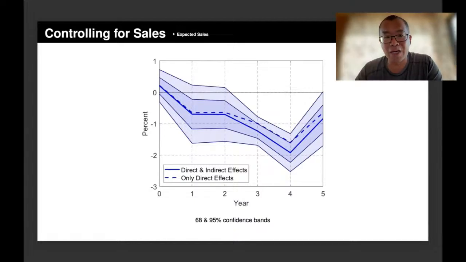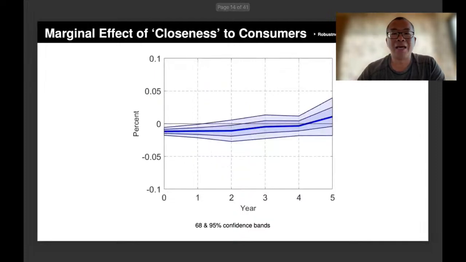So if we control for the future sales as a proxy of area demand, well, controlling for such an indirect effect does not give us a much different result compared with the baseline result, which means the indirect channel is probably not prominent here. And if we control for the proximity of firms to their customers, this does not give us a different result either, right?